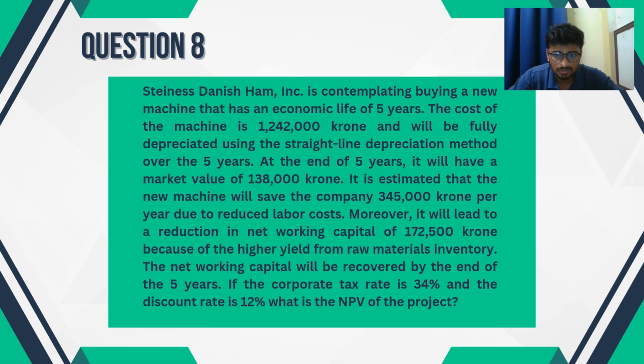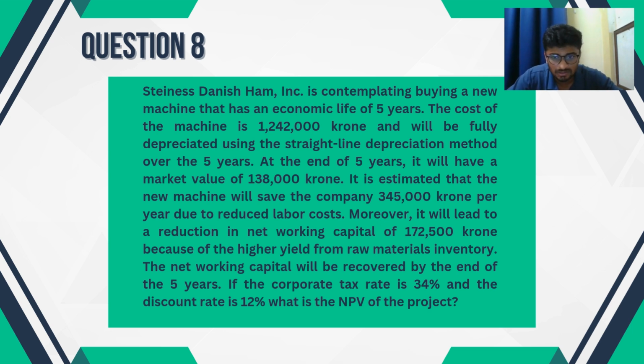It is estimated that the new machine will save the company 345,000 kron per year due to reduced labor costs. Moreover, it will lead to a reduction in the net working capital of 172,500 kron because of the higher yield from raw materials inventory. The net working capital will be recovered by the end of the 5 years. If the corporate tax is 34% and the discount rate is 12%, what is the NPV of the project?